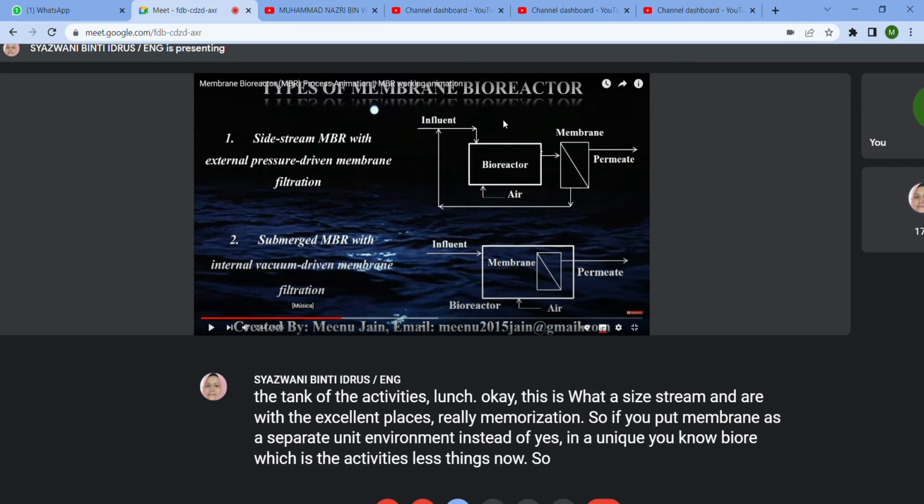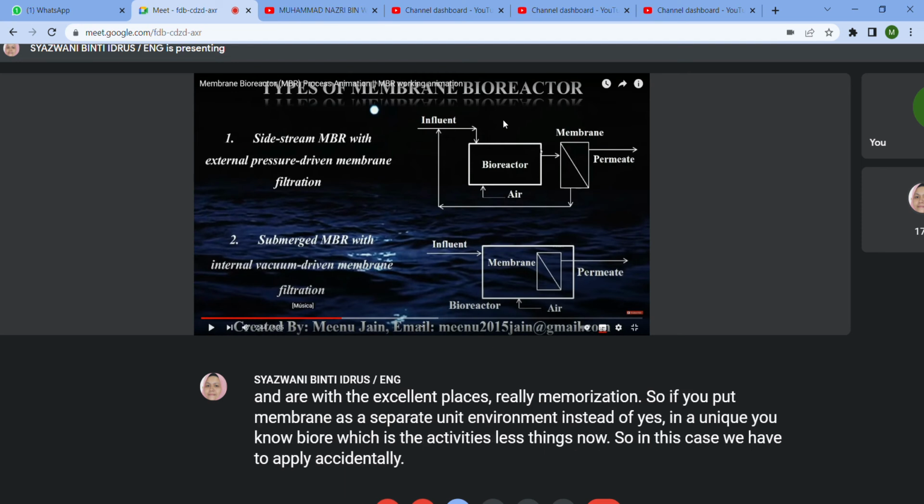So in this case, we have to apply external pressure driven, because it works like a normal membrane.